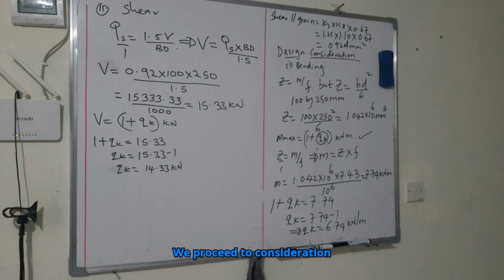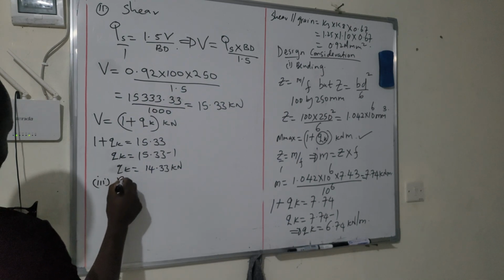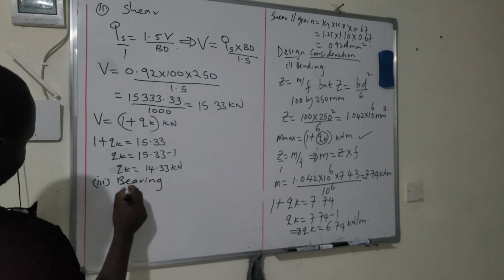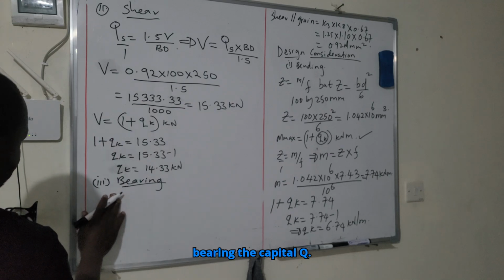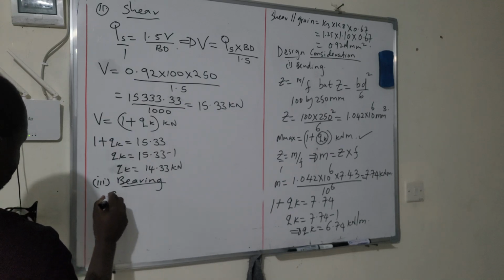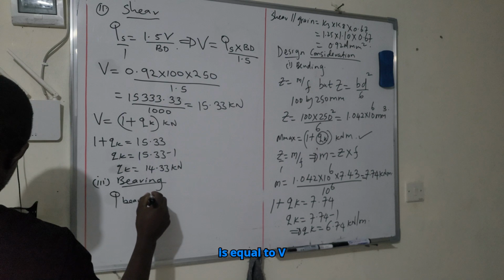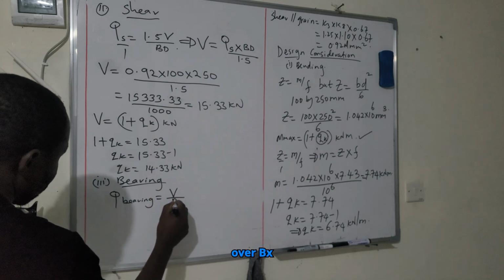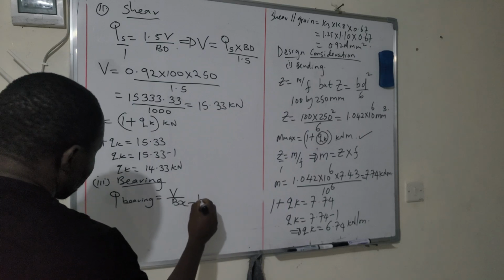We proceed to consideration number 3. So consideration number 3 is bearing. We know that Q bearing, the capital Q, is equal to V over Bx, where x is the bearing distance.